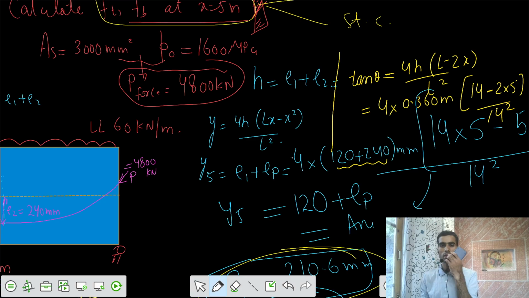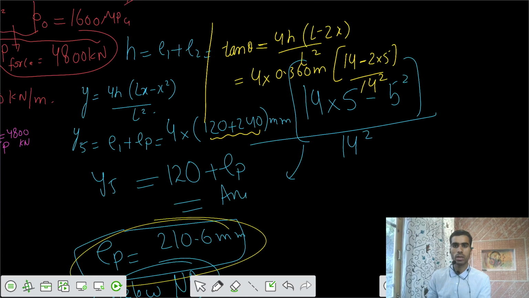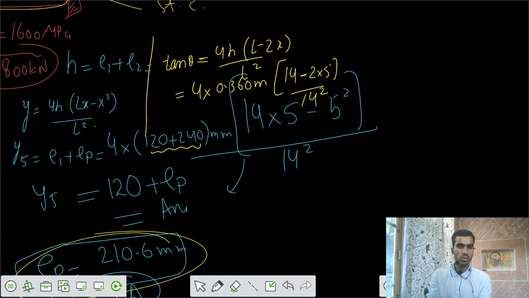But this should be the value of tan theta. So I can solve further again: the inverse of 14 square into 4h into (L minus 2x), that's 4.